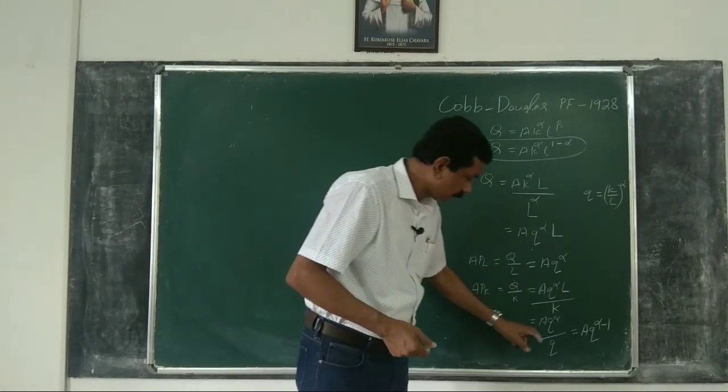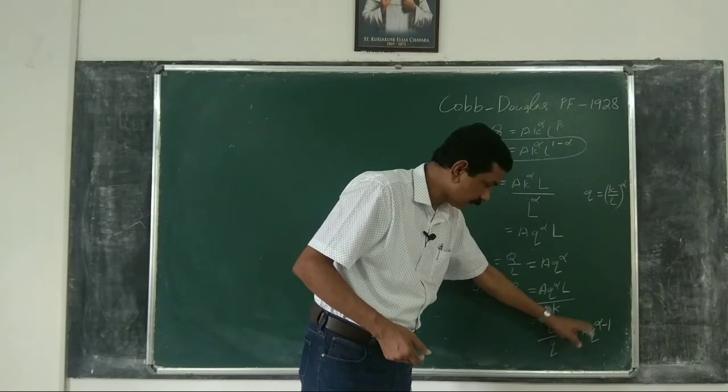So, APK is also a function of K by L alone, because A, alpha, etc.